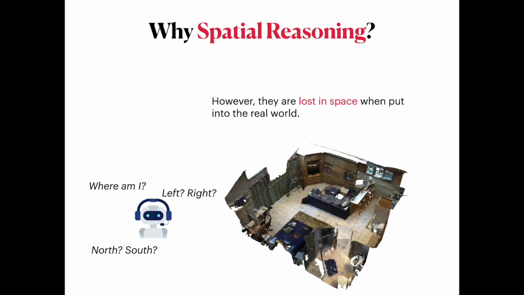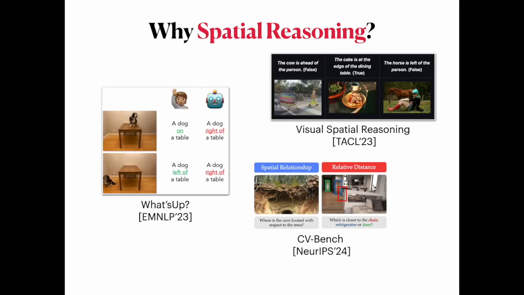When placing them in real-world settings, they are lost in space and struggle to recognize even the simple left and right concept. To further expand the impacts of AI, it is important to equip our agents with such spatial intelligence.